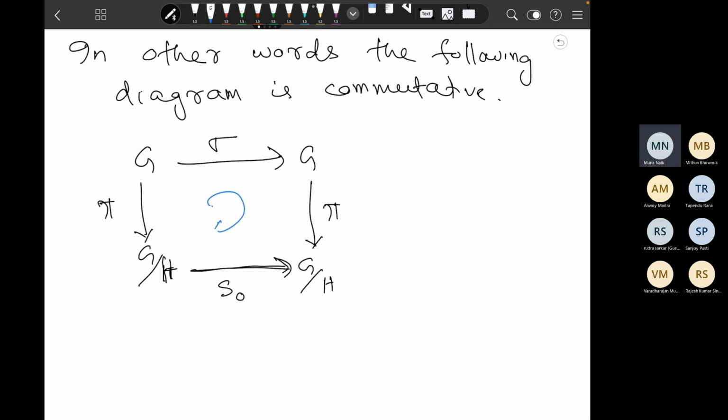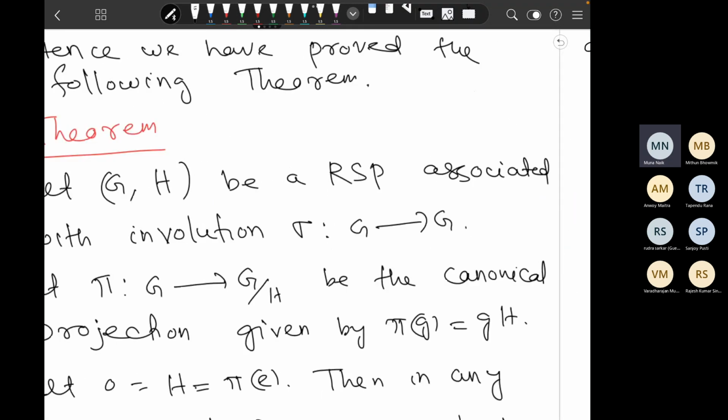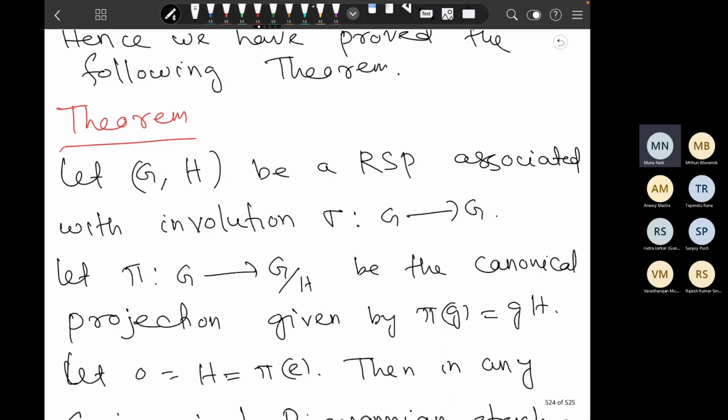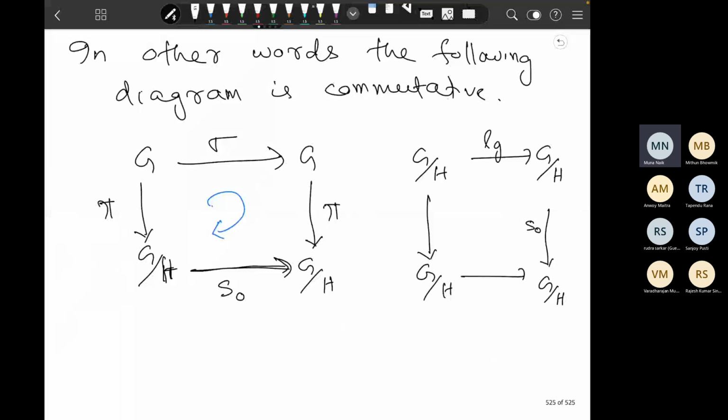And this diagram is commutative, and this G by S to G by S, this L_g, this is really L_g composition, and this is really S0. This is S0 L_sigma.